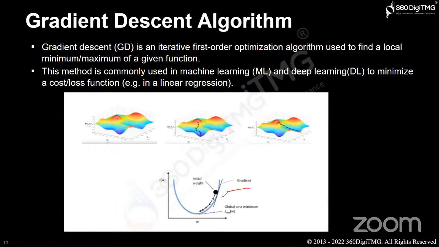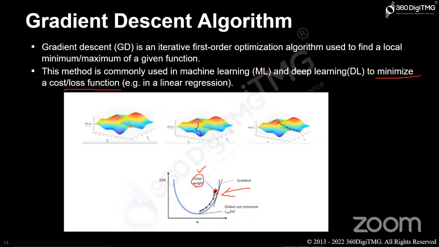So suppose this is a gradient descent algorithm, and this is a learner having an initial weight. So it depends on the learning rate as well as the initial weight. This gradient descent algorithm is used in various machine learning as well as deep learning methods to minimize the cost or loss function.